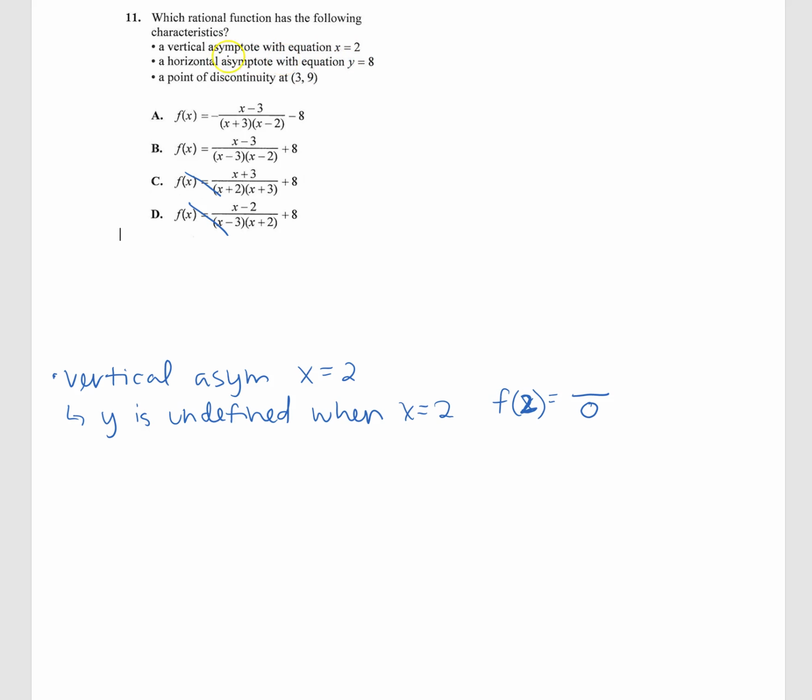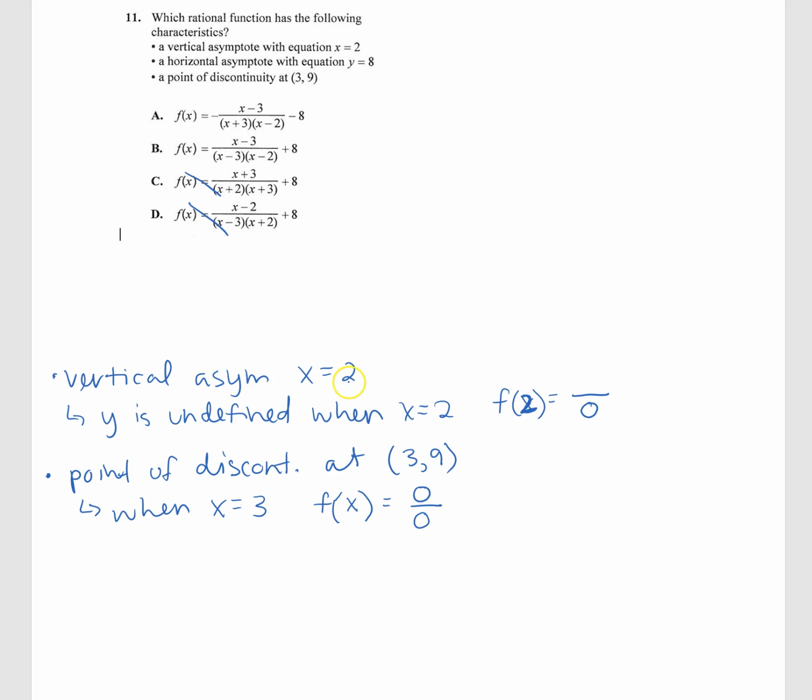Okay, so I'm going to skip to the third characteristic, a point of discontinuity, excuse my shorthand, at (3, 9). What this means is that when x equals 3, f of x has a 0 on the top of the fraction and on the bottom.